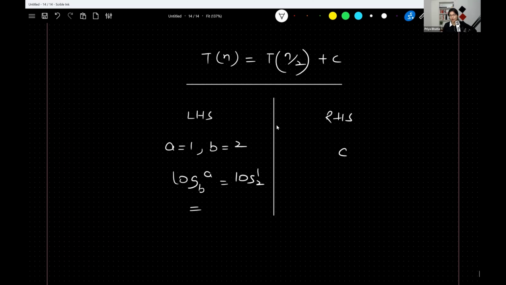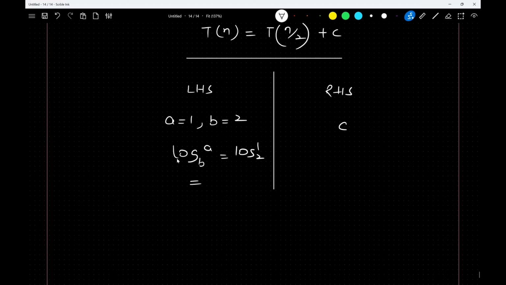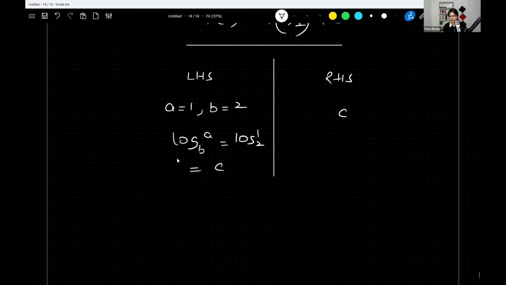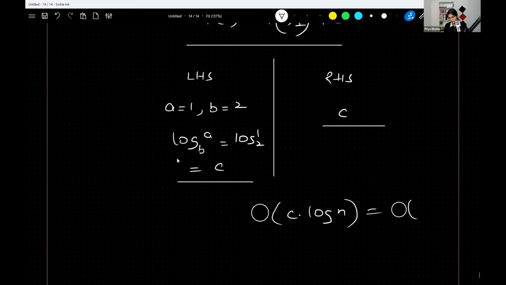What is the answer? 0. Yeah. So can I say it's a constant only? Both are constant numbers. So in this case, when the values are constant, whatever value you're getting gets multiplied with log of n, so it is nothing but big O of log of n.